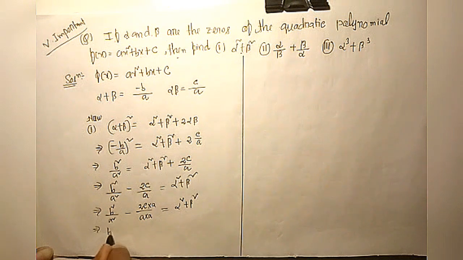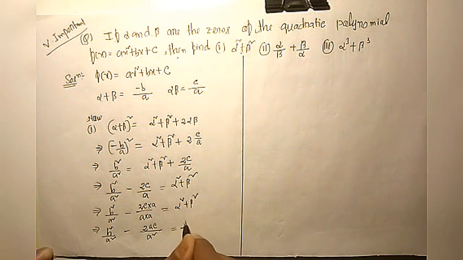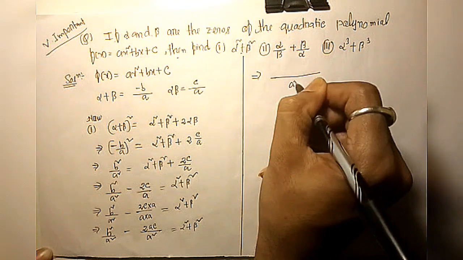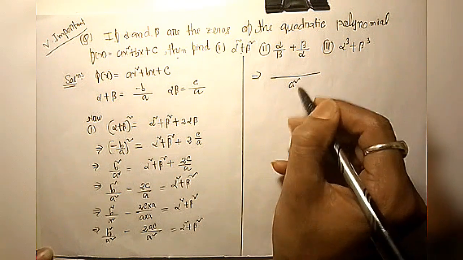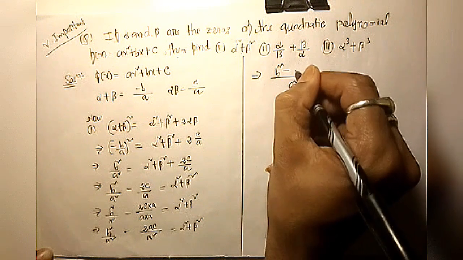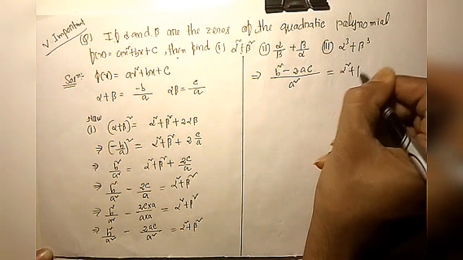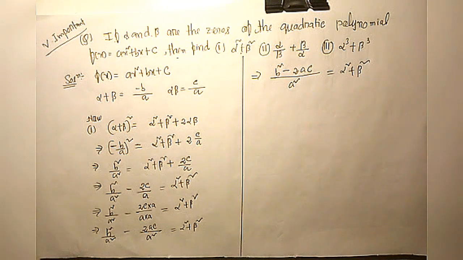So b square by a square minus twice ac by a square equals alpha square plus beta square. So in the denominator a square and in the numerator b square minus twice ac equals alpha square plus beta square.